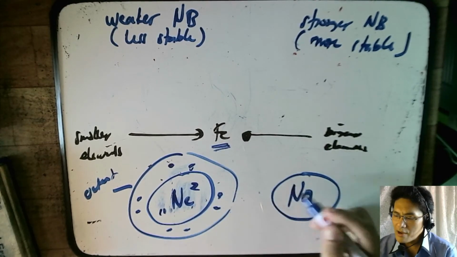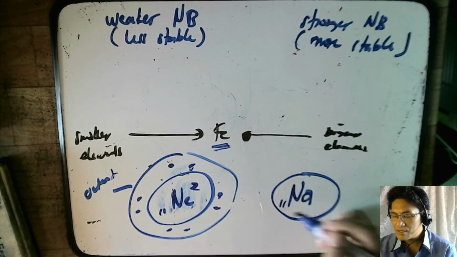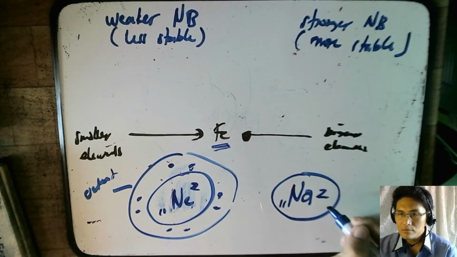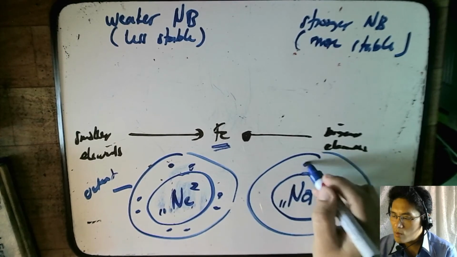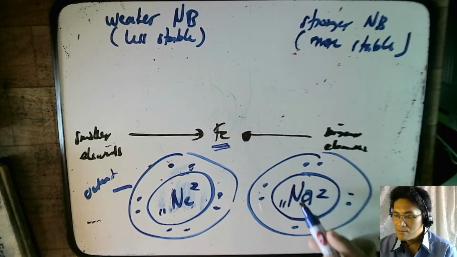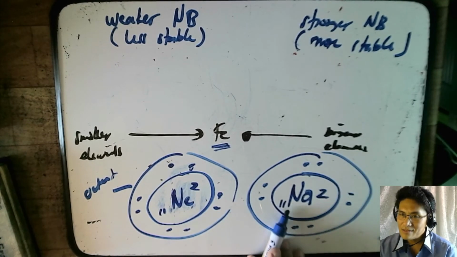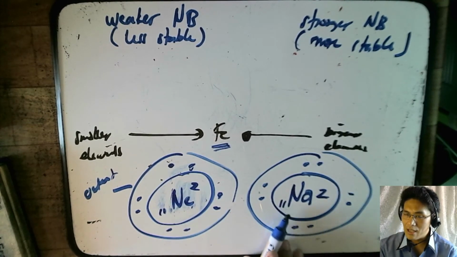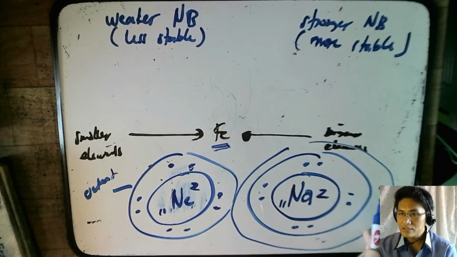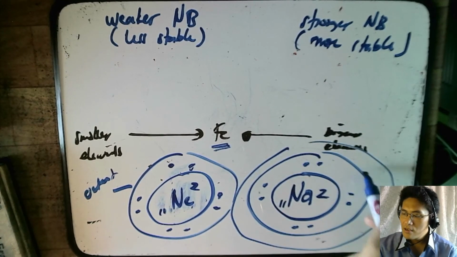And then sodium is element number 11. So in the inner level it has 2 electrons, and then in the outer level it has 1, 2, 3, 4, 5, 6, 7, 8. That makes 10, but it has 11 protons, so it must have the 11th electron on the last layer.